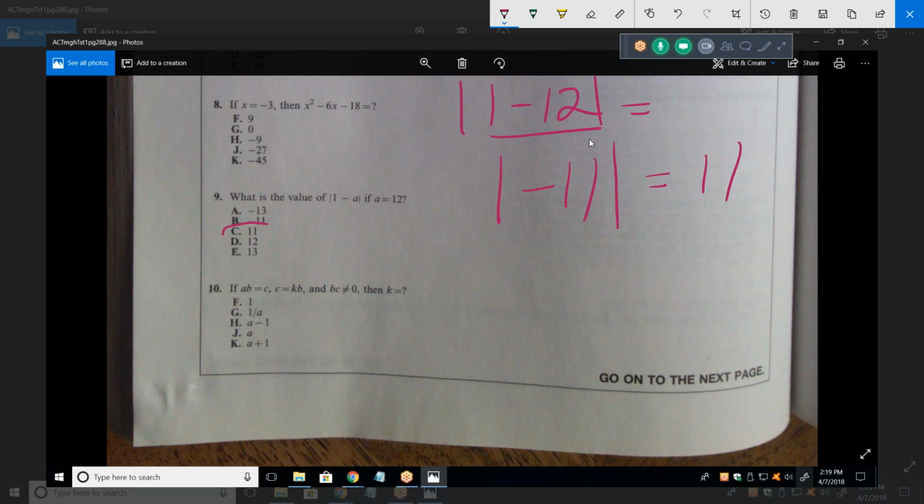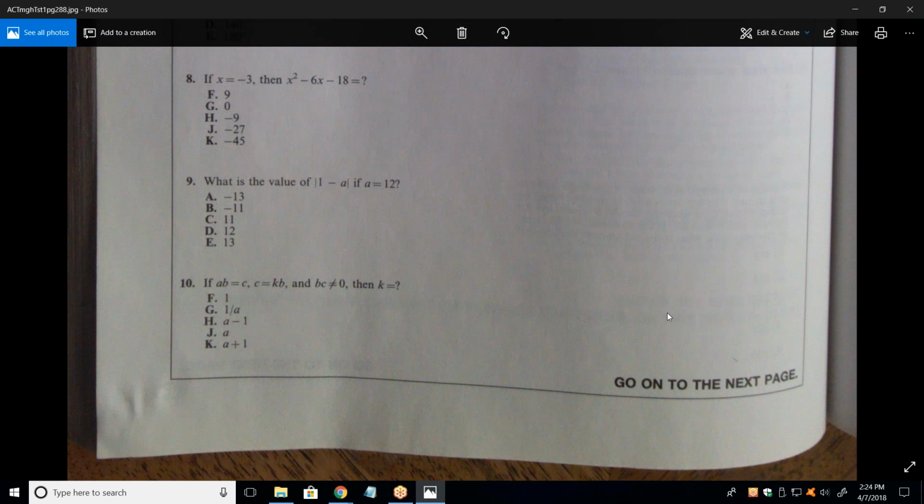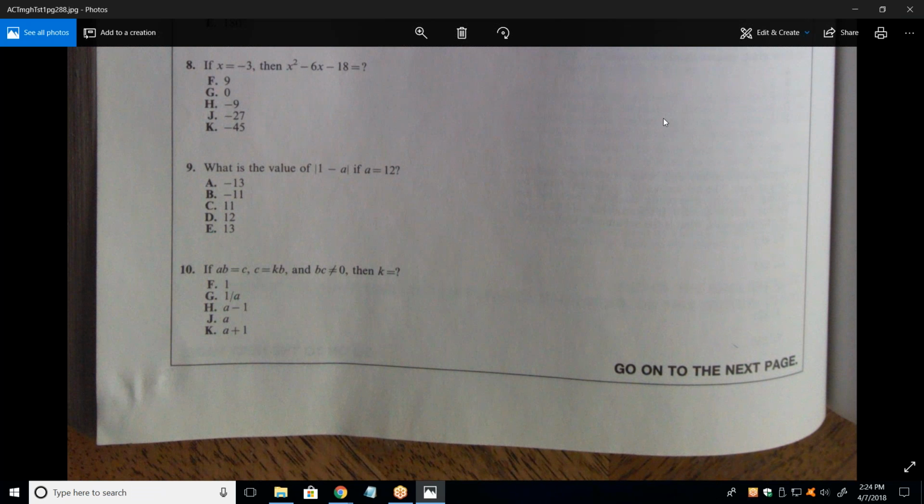Again, you knew how to do it, but you were doing it too quickly. On these easy problems, and the first 20 problems are going to be easy problems, do not make simple mistakes. They are gifts.